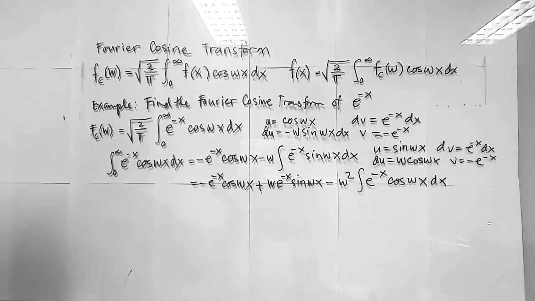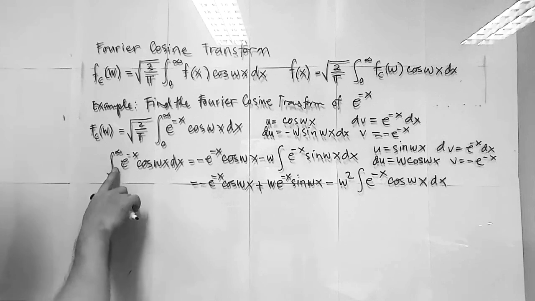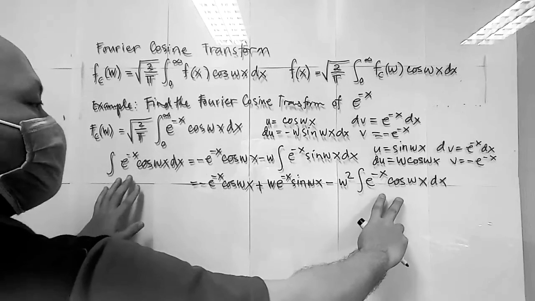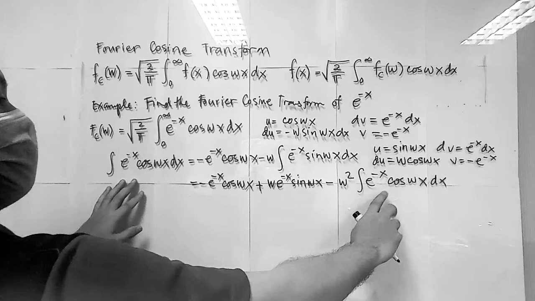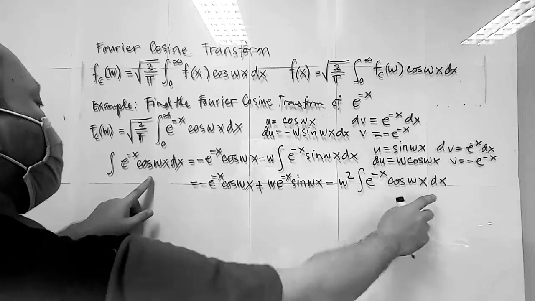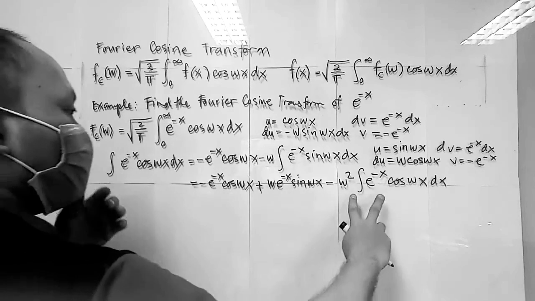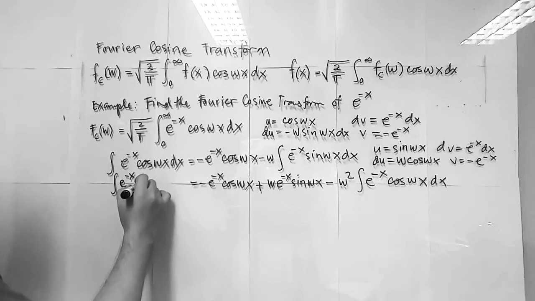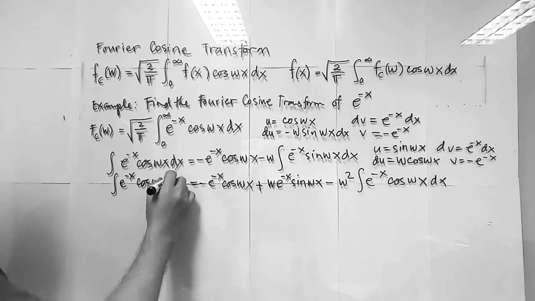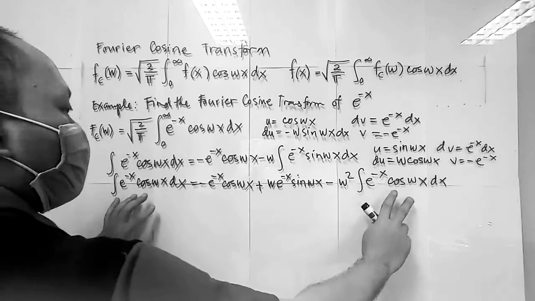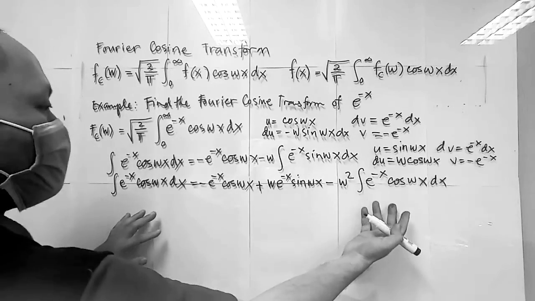Now, we will just disregard our limits first. If you have noticed, you have e negative x cosine wx dx. So I will combine these two integrals and transfer this one to the other side.